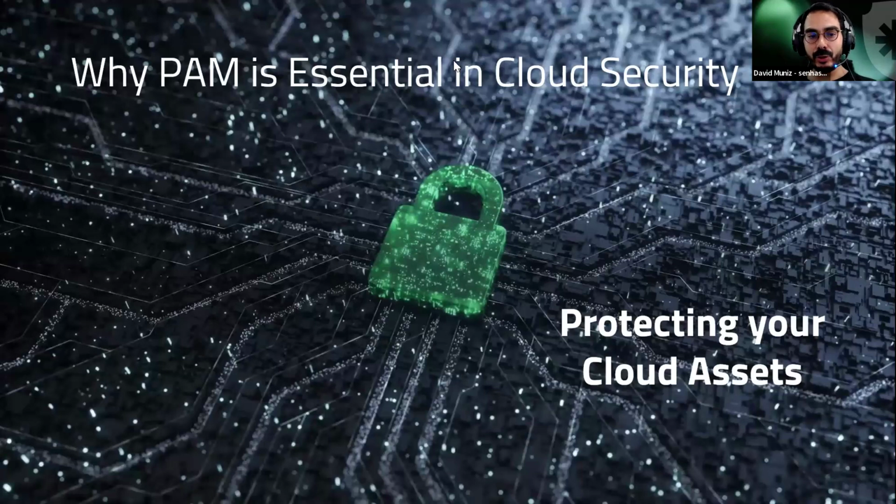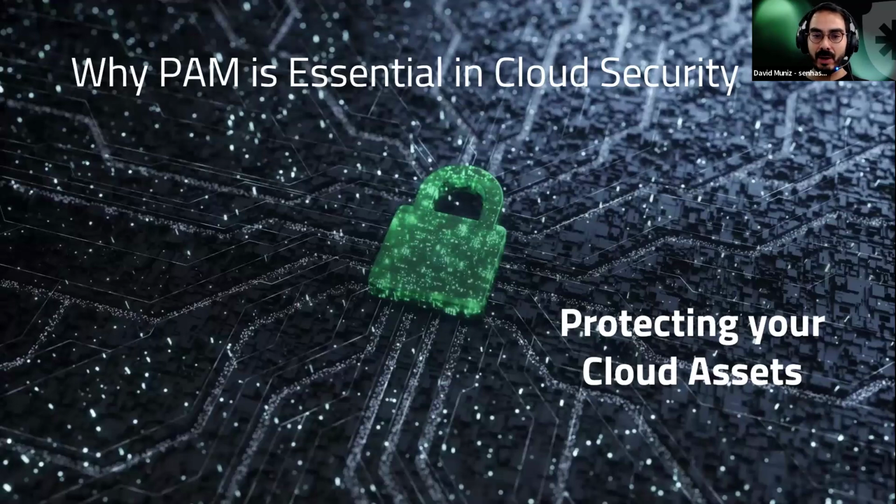Now I'm going to introduce why privileged access management is essential to cloud security. We've been seeing a migration from trust-but-verify models to zero trust based models. So we see Gartner's CARTA, Google's BeyondCorp, and this movement to zero trust has been intensified with the COVID-19 pandemic.